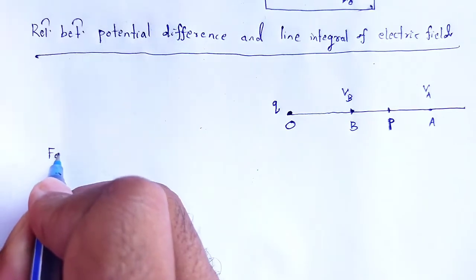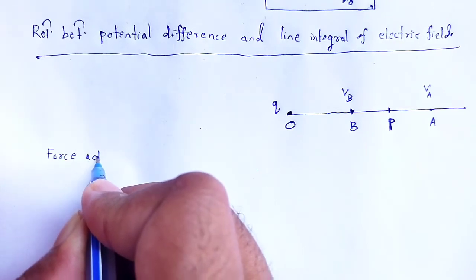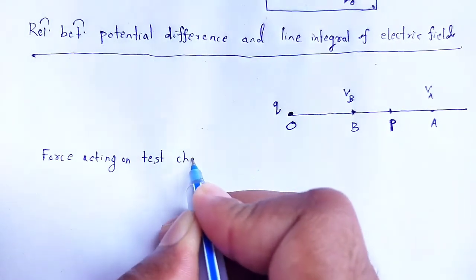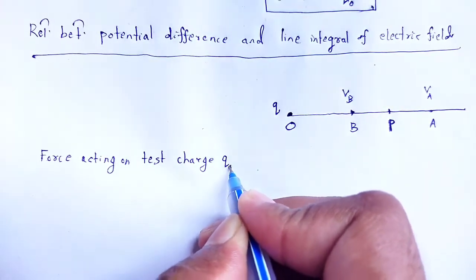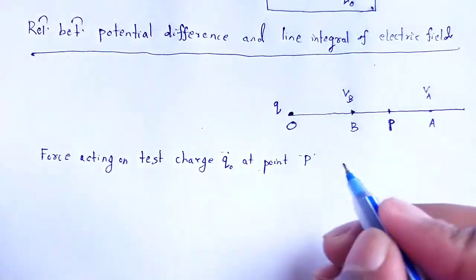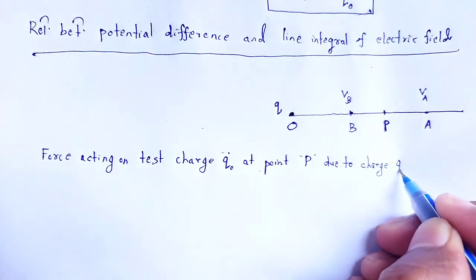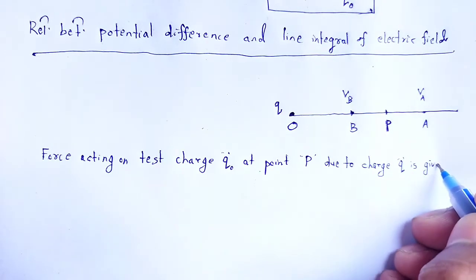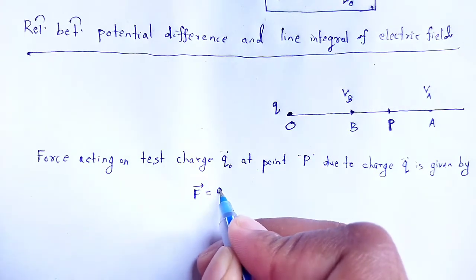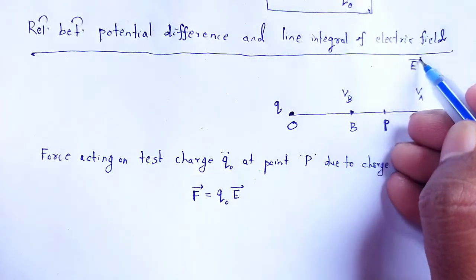Here, the force acting on the test charge Q naught at point P due to charge Q is given by that force F equal to Q naught into E, E being the electric field.